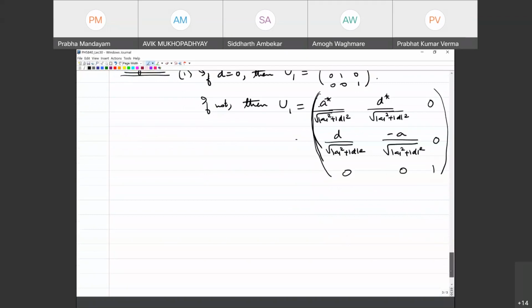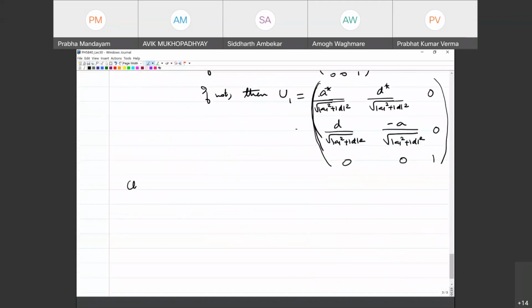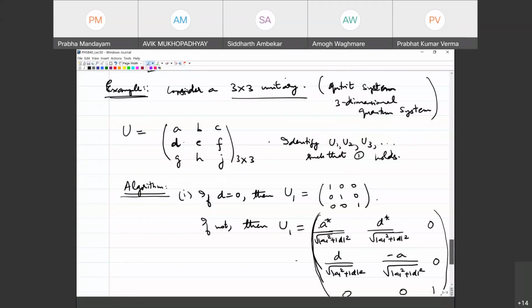Now multiply U1 dagger with U and see what remains. You can check that if you multiply U1 and U, you will end up with a matrix like this, which has some other entries A dash, B dash, C dash, etc.